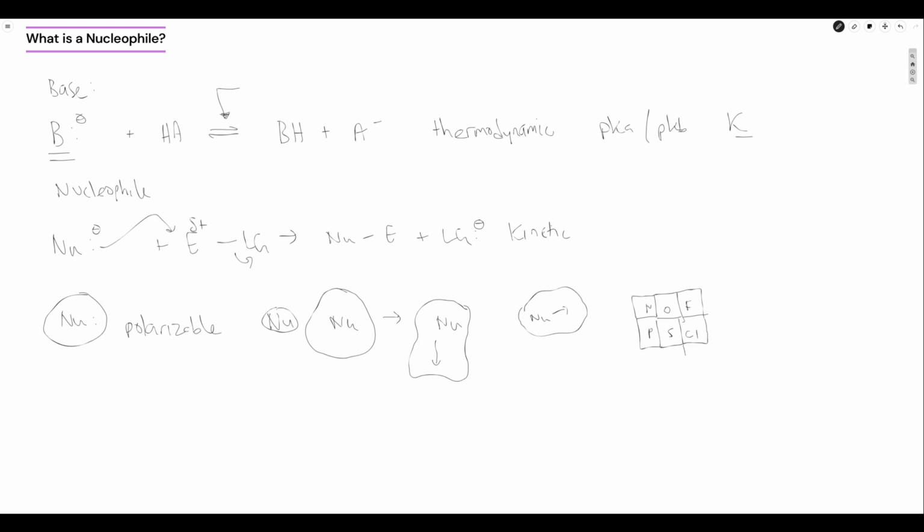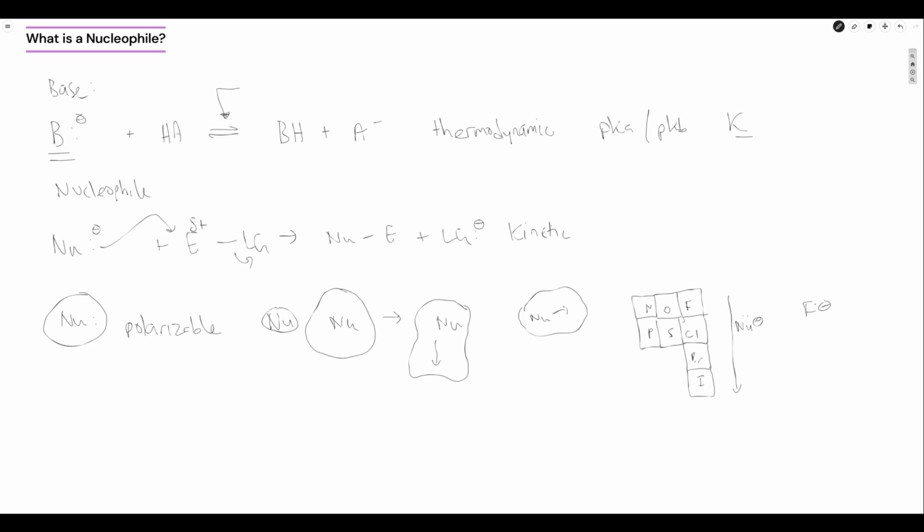The halogens are probably a pretty good group to consider: bromine and iodine. Nucleophilicity increases as we go down a group. So the strength of a nucleophile increases as we go down a group. Why? Because the electron clouds in the atom get bigger and more polarizable, and that electron cloud becomes more kinetically able to polarize itself and attack an electrophile. They're not as tightly held.